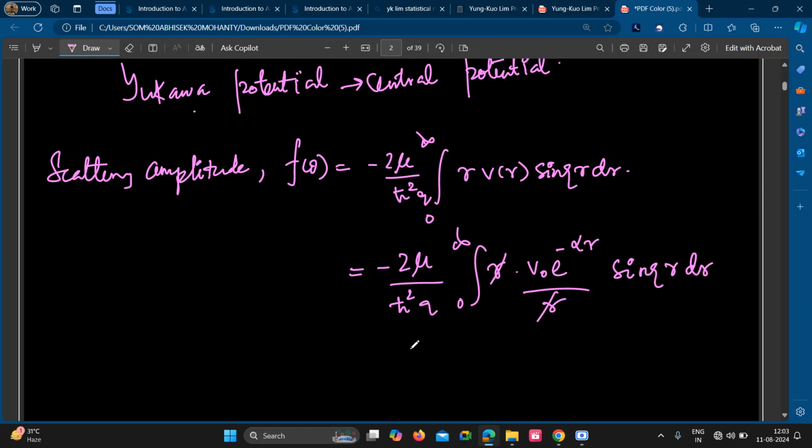R got cancelled, the V naught goes out, minus 2 mu V naught by h cut square q, 0 to infinity e to the power minus alpha r sine qr dr.